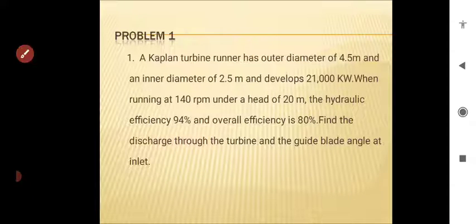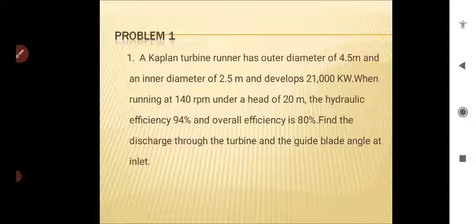So I am repeating once again. A Kaplan turbine runner has an outer diameter of 4.5 meter and an inner diameter of 2.5 meter and develops 21,000 kilowatt when running at 140 rpm under a head of 20 meter.